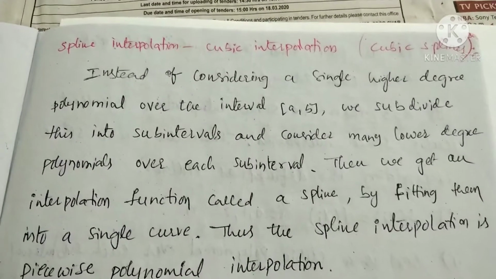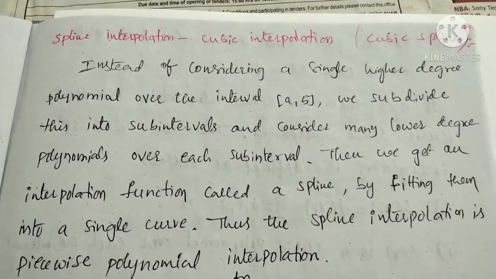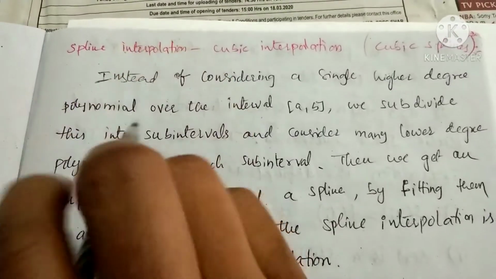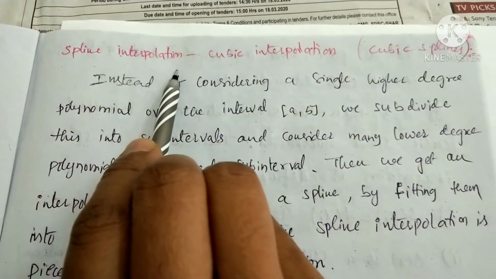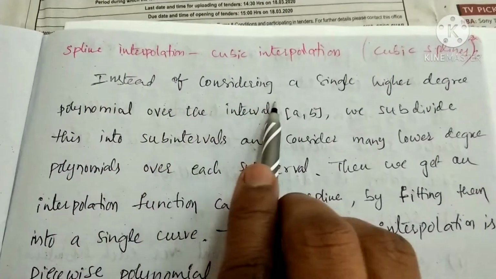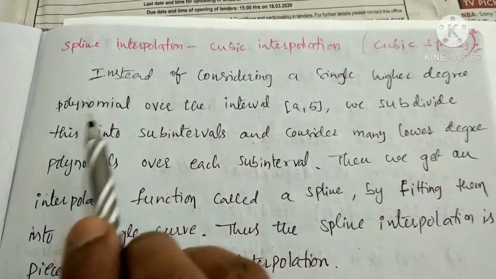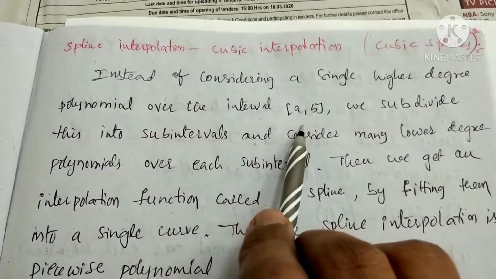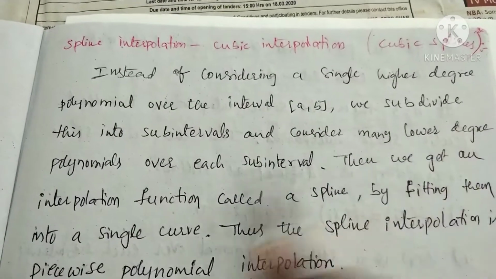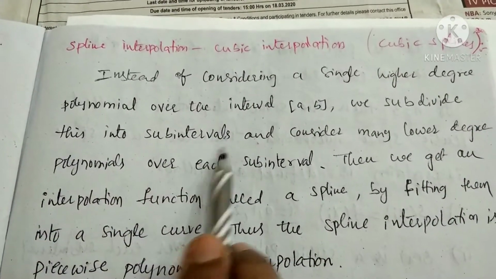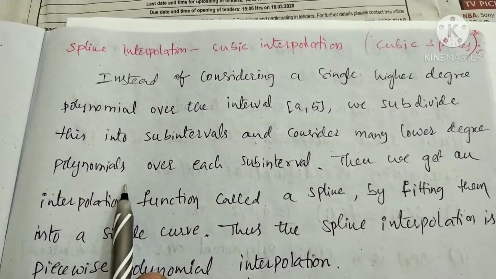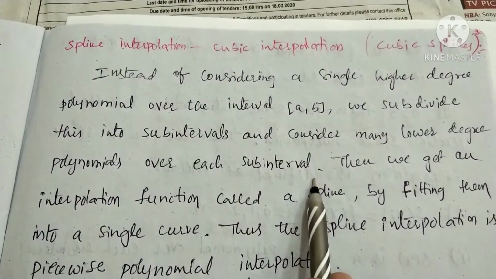In this video I am going to explain what a cubic spline interpolation is. Before that, let us define what a spline interpolation is. The definition is, instead of considering a single higher degree polynomial over the closed interval a comma b, we subdivide this into subintervals and consider many lower degree polynomials over each subinterval.